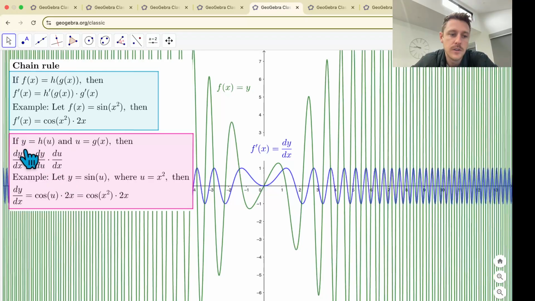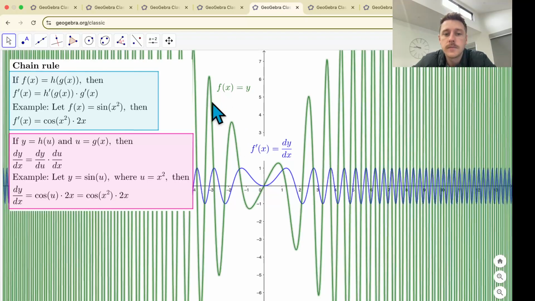So we're taking the derivative of h of u with respect to u, and then multiplying by the derivative of u with respect to x. So you can see here that if we let y equal sine u, and u equals x squared, then we get the derivative of sine of u is cos of u, multiplied by 2x, because the derivative of x squared again is 2x. And so that gives us cos x squared multiplied by 2x.